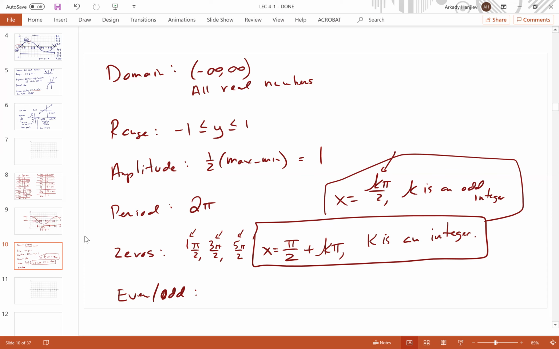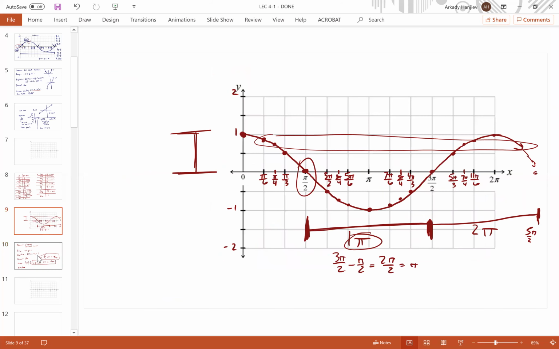Cool. Okay. Cosine, even or odd? So if we were to go backwards here, is this symmetry about the y-axis or symmetry about the origin? That's symmetric about the y-axis. That's cool.